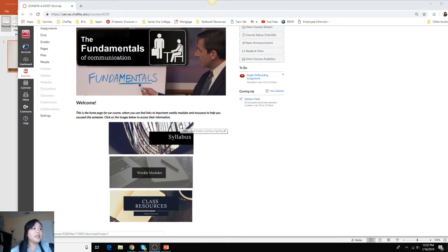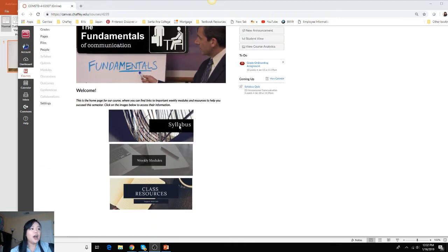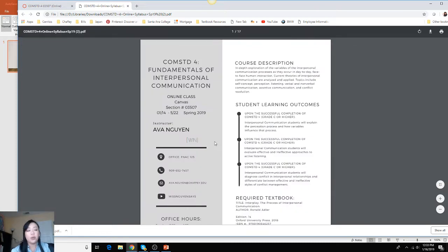So this is actually the homepage to our course, so it should look something like this for you. I've set these 3 key buttons because I find that they are buttons that you're going to constantly go back to throughout the entire semester, and so because of that, that's why they're there. At the very top, you'll see the syllabus. Once you click on it, it should download for you, as it did for me right here, and should open up.